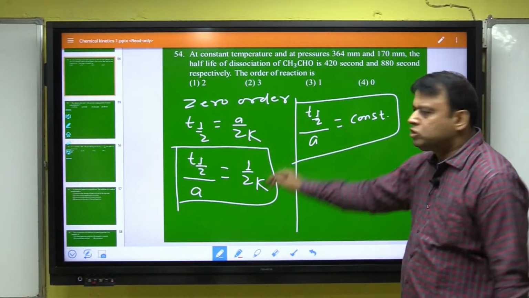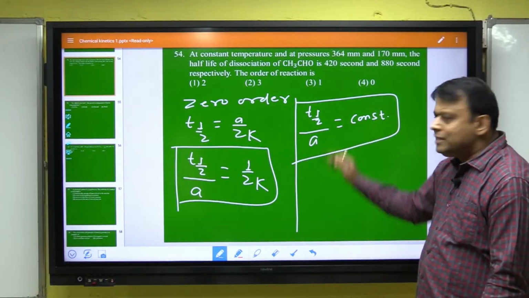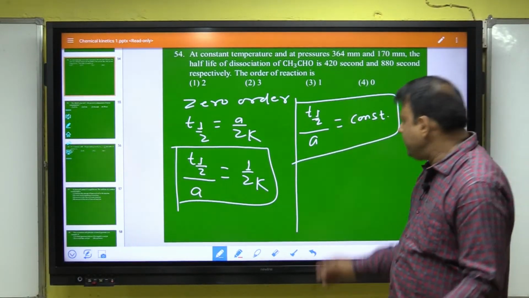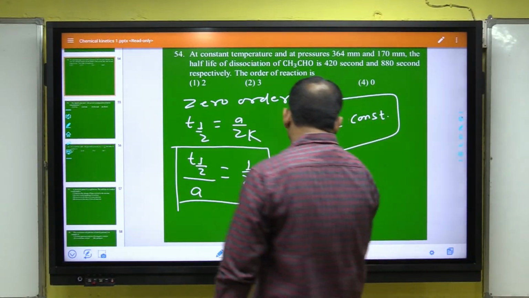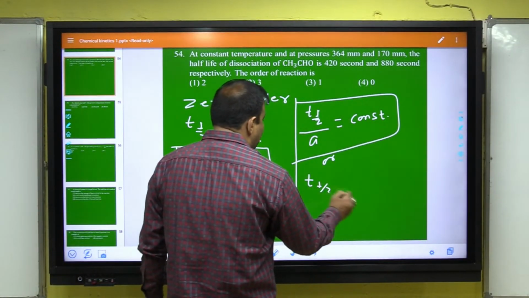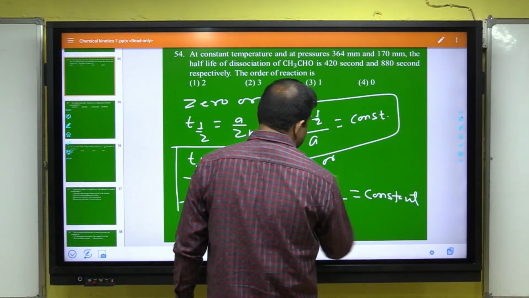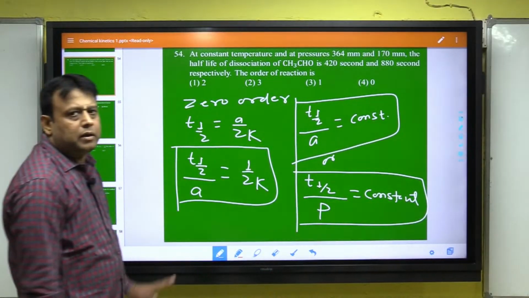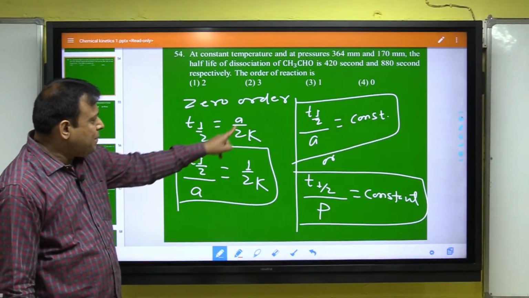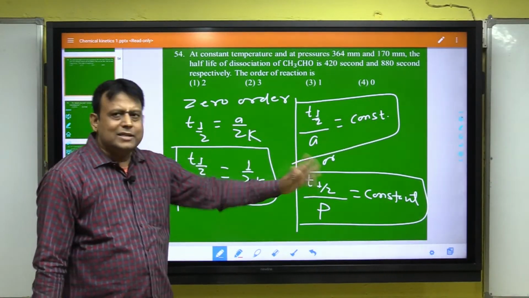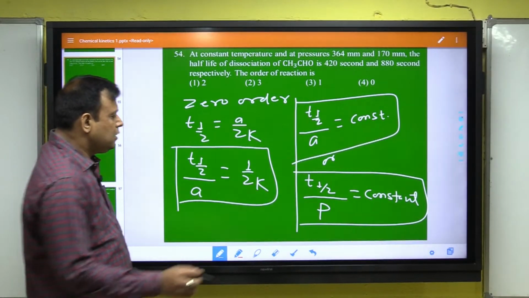Listen, in zero order, ratio of half life and initial conc is constant. It may be written as T half by pressure is equal to constant for gaseous reactant. Write down, for zero order, half life directly proportional and hence ratio constant. Clear?